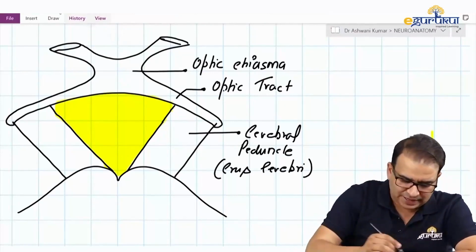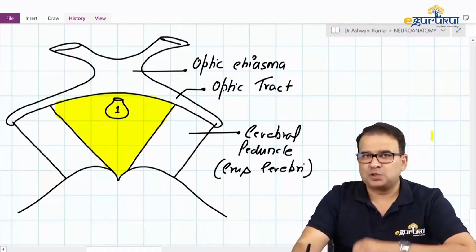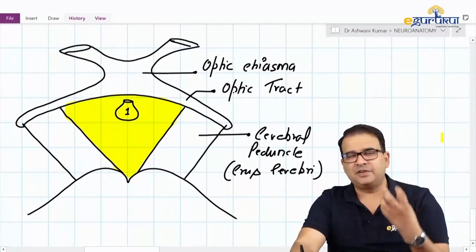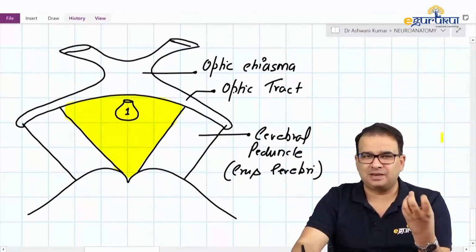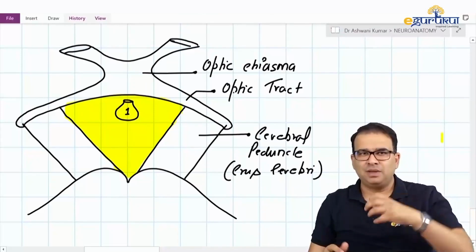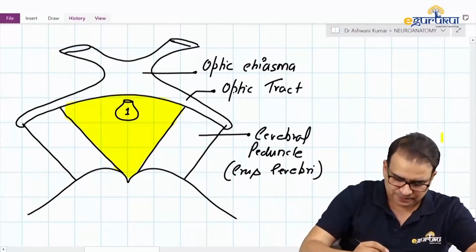What are the contents inside? The contents of interpeduncular fossa includes, we got infundibulum, the stalk of pituitary, and this infundibulum extending from the elevation called as tuber cinereum. So let's say the number 1 over there is a cut section of infundibulum coming from this tuber cinereum. That elevation is called as tuber cinereum.